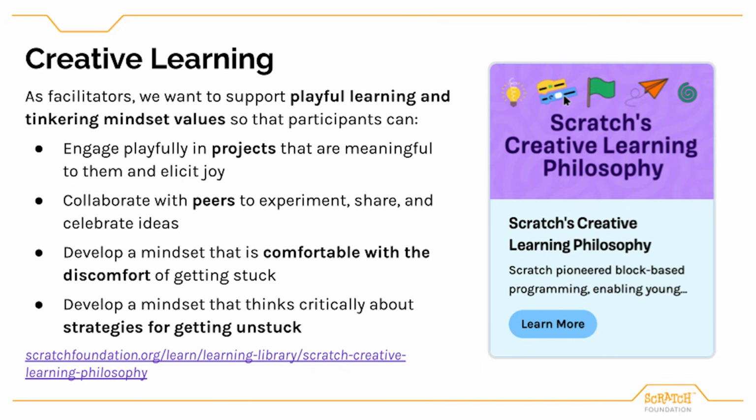Remember that we are learners just as much as our learners. So, as we explore today, give yourself space and grace, and remember it's okay to get stuck or feel uncomfortable. You don't have to have all the answers right away, just a curious mind and an excitement to try new things. That is part of the process and how we develop and model a growth mindset for our learners.